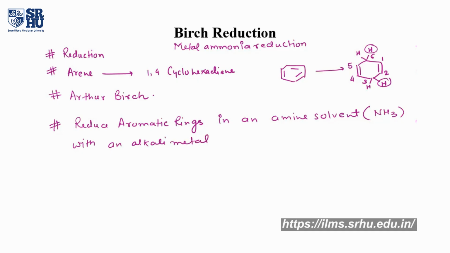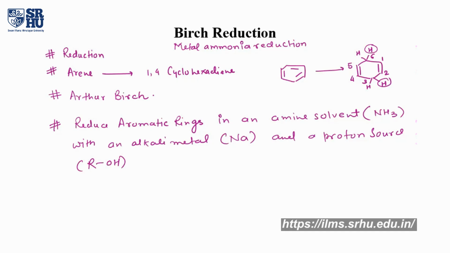There is an alkali metal dissolved in this solvent. For convenience, we use sodium most of the time, and a proton source. For proton source, we mainly use alcohol, ROH.